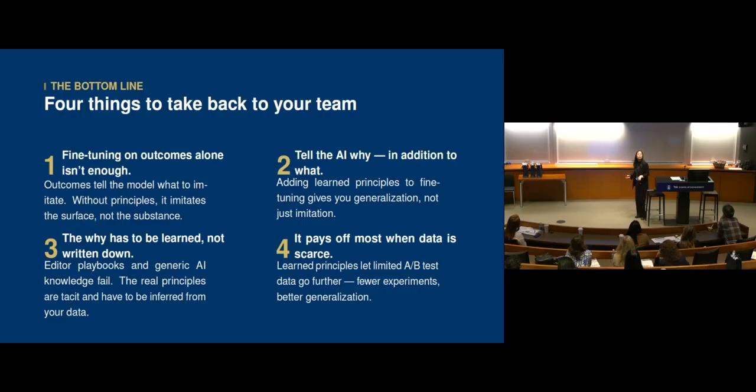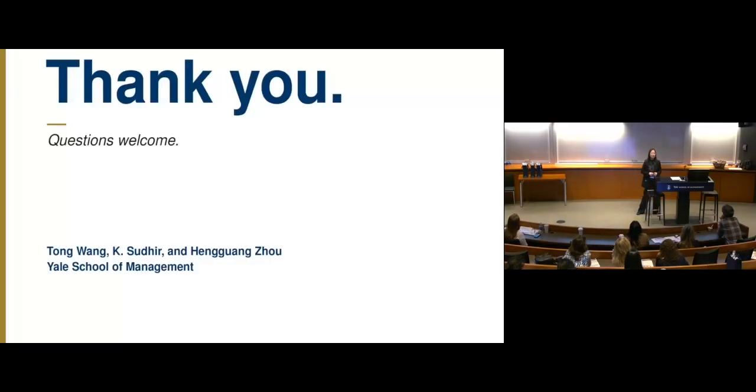But of course, if you do not have the resources for this massive learning, you can start by asking your human expert to write something. That still helps. It's just you will leave some gap on the table. Okay, but that's a good starting point. And the last point is that it pays off most when your data is sparse. Okay, yeah, thank you.